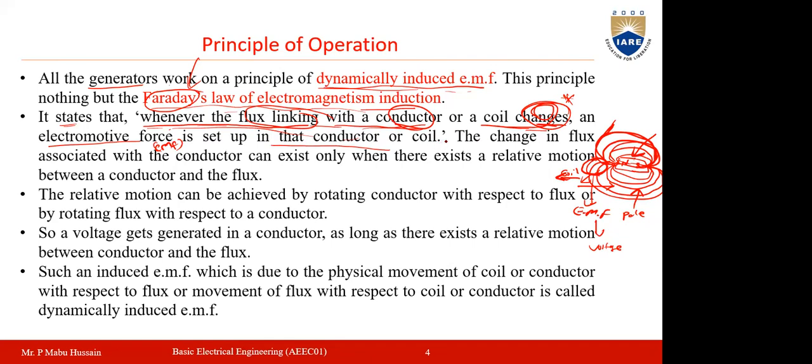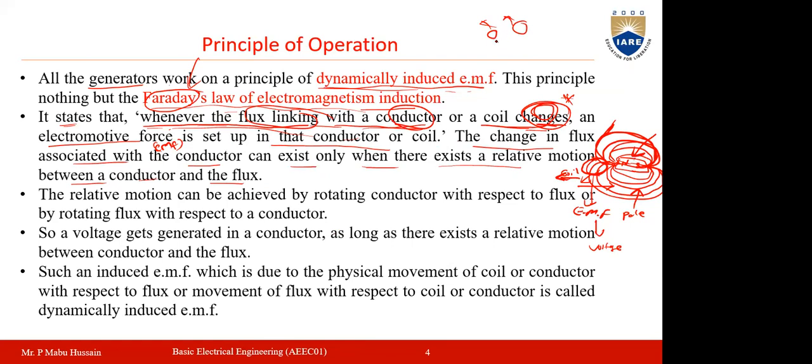The change in the magnetic flux associated with the conductor can exist only when there is relative motion between the conductor and the flux. Relative motion means that any one of the two has to be moved. Or if both are moving, then at least some relative speed must be there between the two.